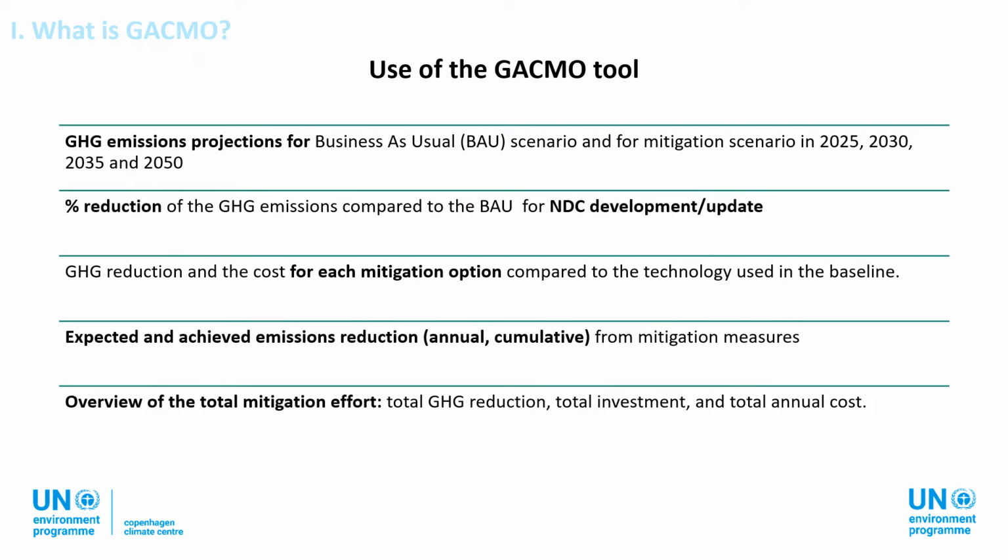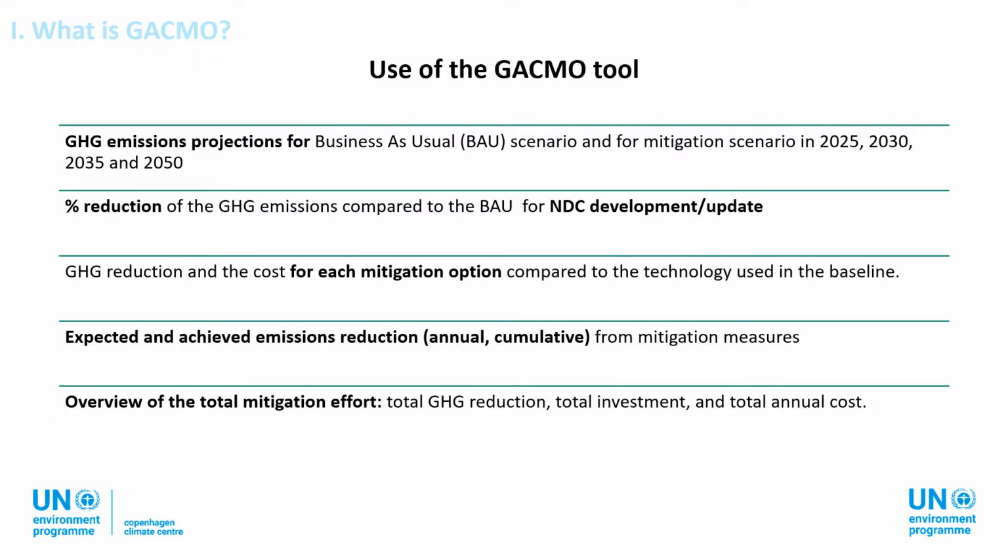The GACMO tool can be used in many ways. First, it can be used to estimate greenhouse gas emissions projections for the business as usual scenario and for the mitigation scenario in the years 2025, 2030, 2035, and 2050. It allows analyzing the percent reduction of GHG emissions compared to the business as usual scenario for NDC development or update.